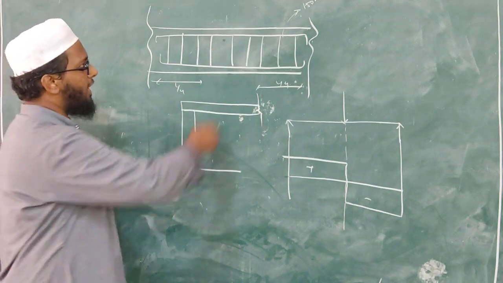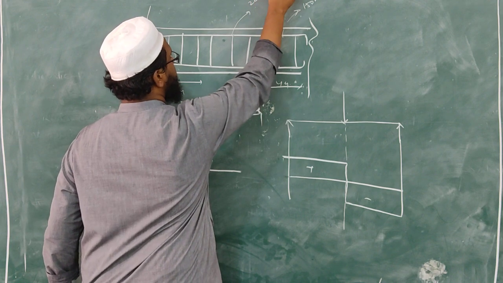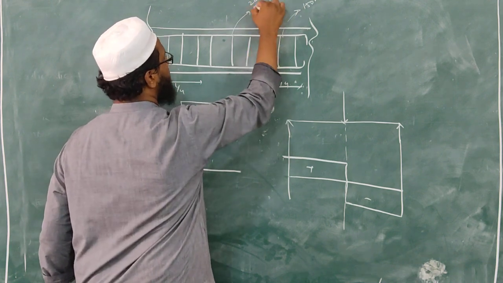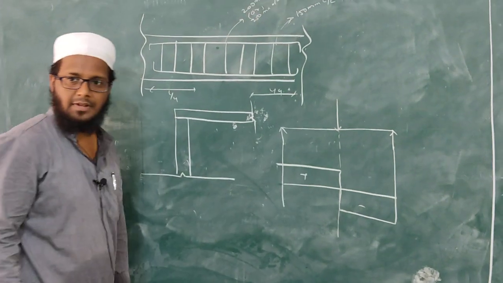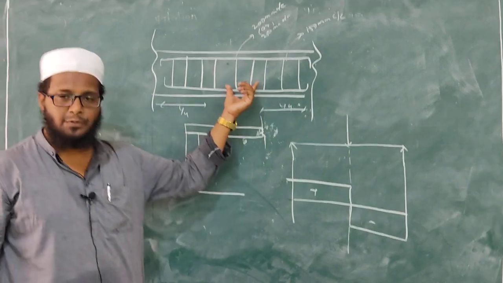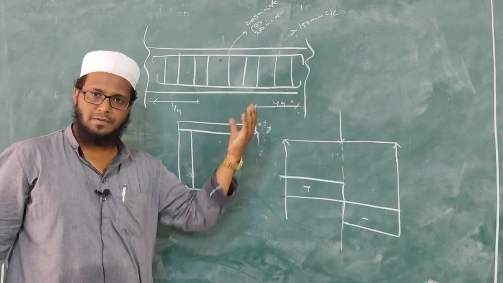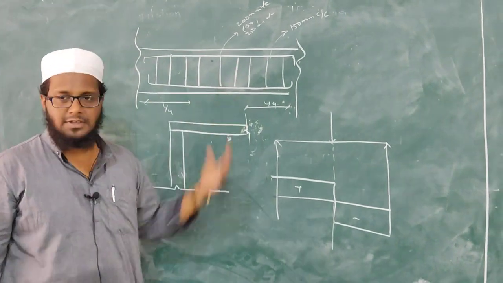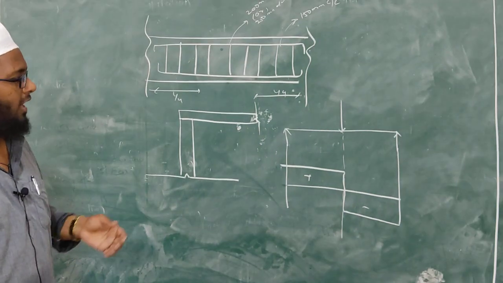That means they will increase it to 200 mm center to center or 250 mm center to center. Why? Because the value of shear force will get decreased, so the reinforcement will get decreased.